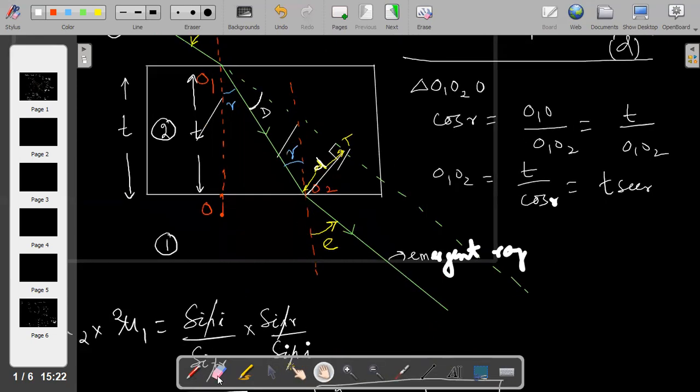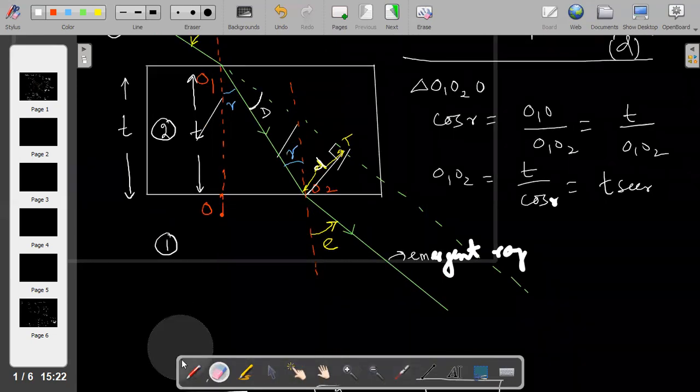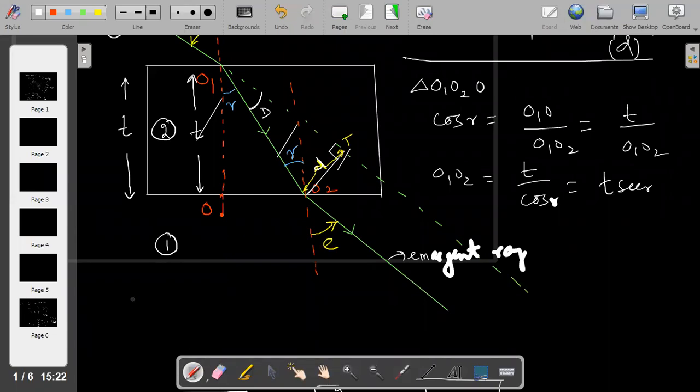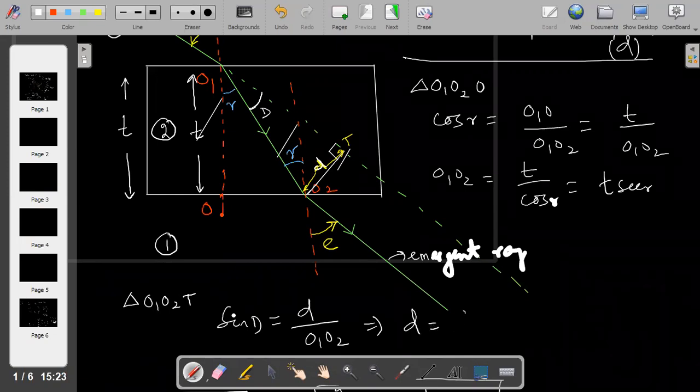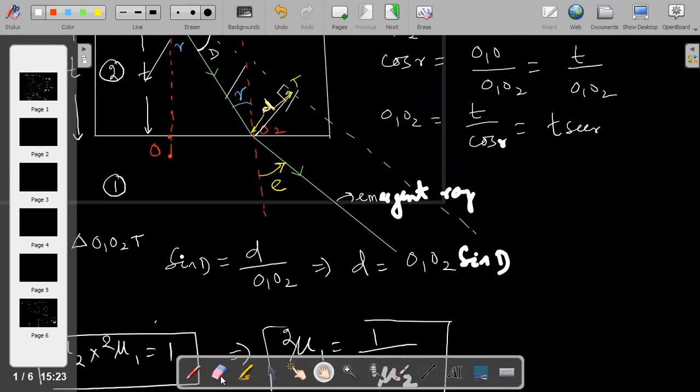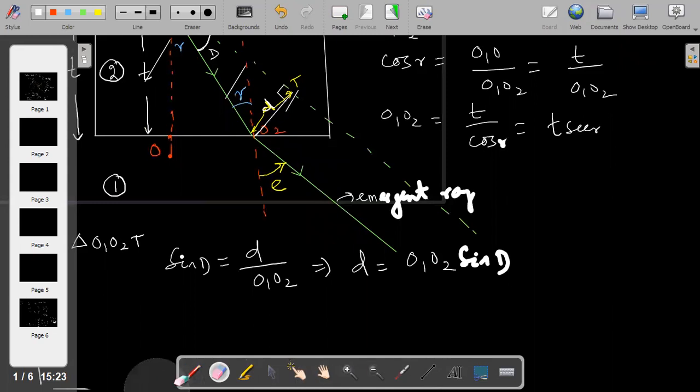Similarly from right angle triangle O1 O2 T, sin D is equal to D by O1 O2. तो this implies small d निकालना है, lateral shift है, that is O1 O2 into sin D. Now what is O1 O2? T sec r. So D is equal to T sec r into sin D.